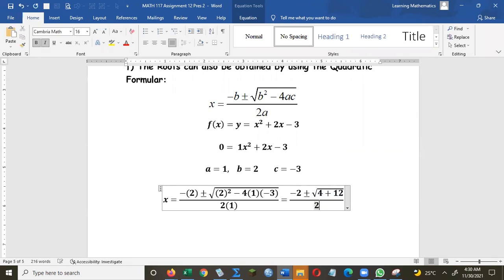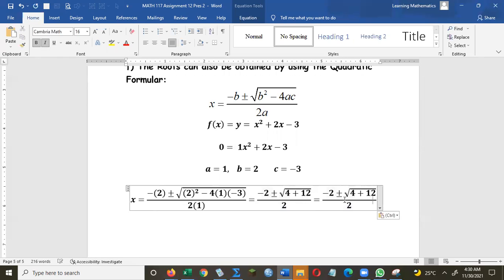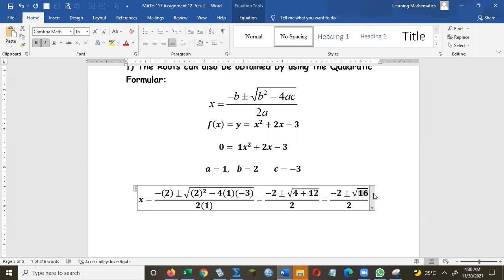2 times 1 is 2. 4 plus 12 is 16. The square root of 16 is 4.